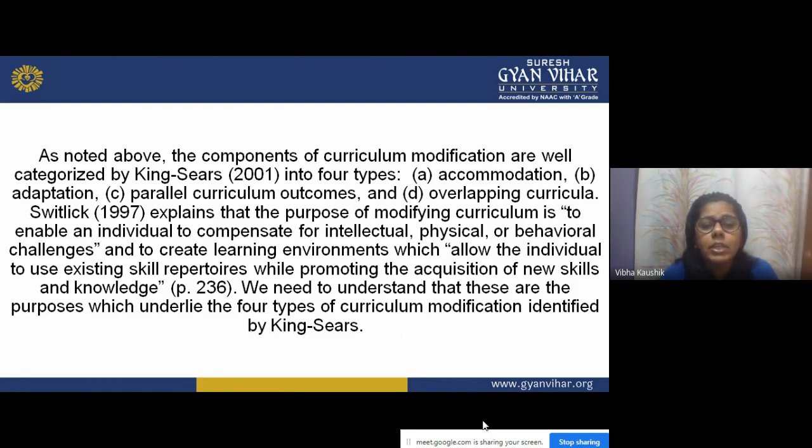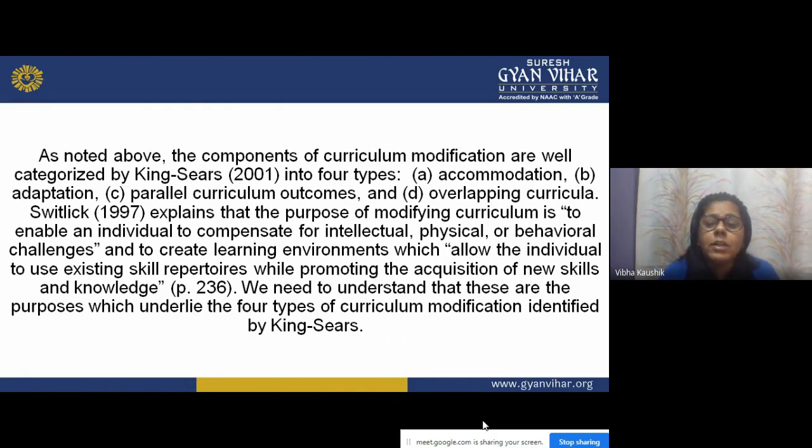Sweeting 1997 explained that the purpose of modifying curriculum, that is, the aim of making changes in the curriculum, is to enable an individual to compensate for intellectual, physical, or behavioral challenges that he or she is facing, and to create a learning environment which allows the individual to use existing skills that are already present, while promoting the acquisition of new skills and knowledge, and how the new skills and new knowledge are used.